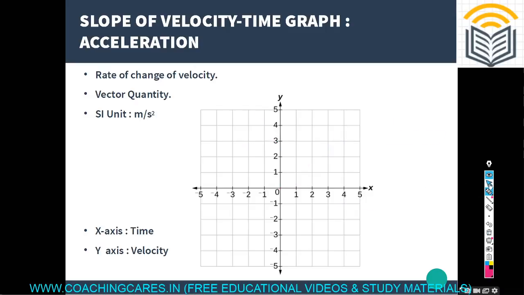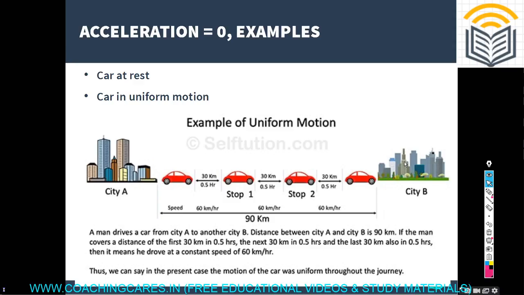Okay. Now in the next slide we are going to study cases where acceleration is zero, with the example of an object in uniform motion. You can see in this example, this car is moving from city A to city B. Just have a look at the motion.